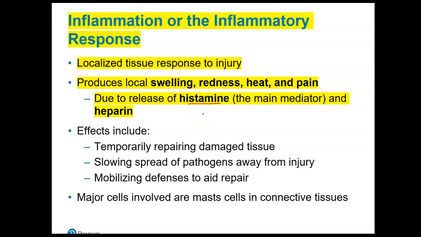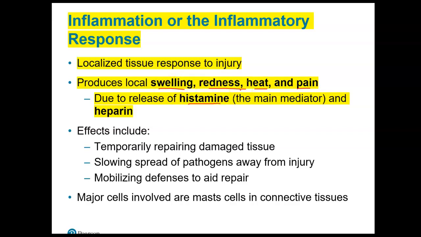The 4 cardinal signs of inflammation are swelling, redness, heat, and pain. The swelling comes from diapedesis, which is what happens when the blood vessels become more permeable and your phagocytes, neutrophils, and eosinophils are able to leave through the endothelial cells of your capillaries. That process makes them leaky. They leak fluid, and that leads to swelling in the tissues.